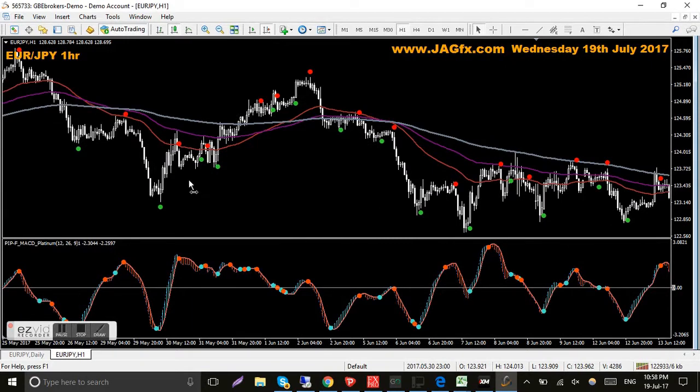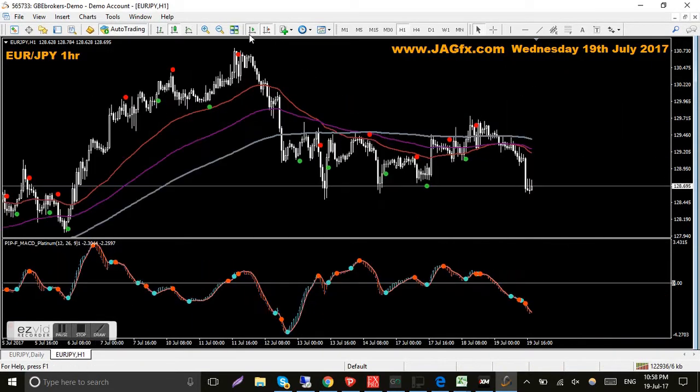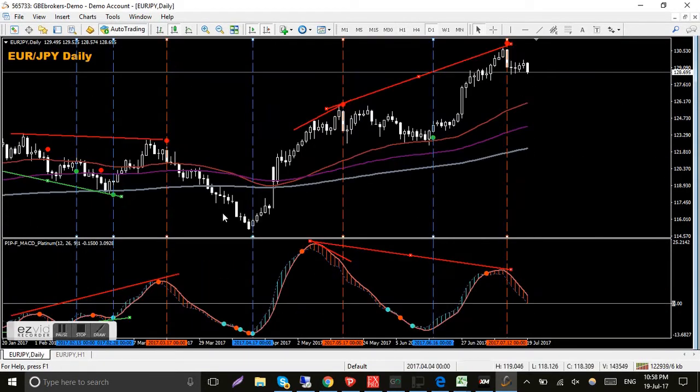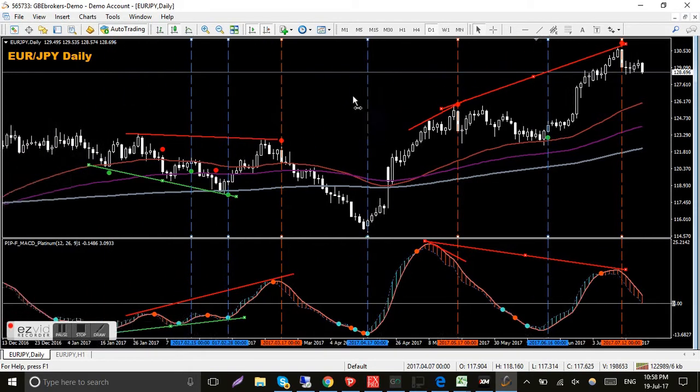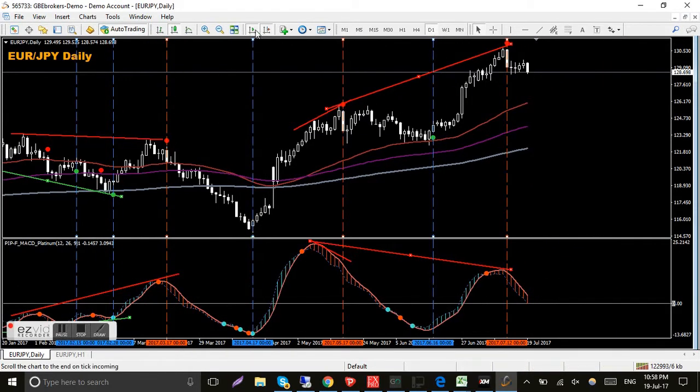So that's it set up, and what I've done over here is I've also got a Euro Yen daily chart. So I've already had a look at this chart. I haven't really had a good look at the 1 hour chart yet, so I'm going to be winging it again a little. So I'm not sure how it's going to work, but we'll see what we can do. But I have had a look at the daily chart going back a couple of months here.